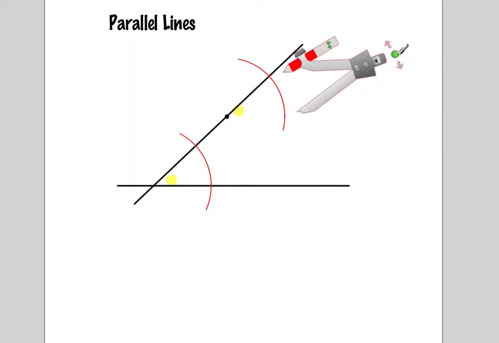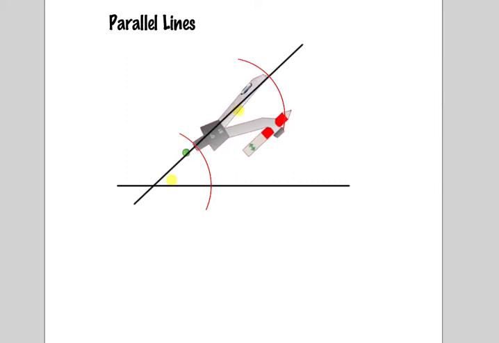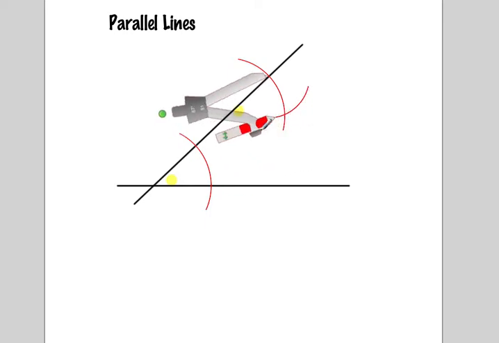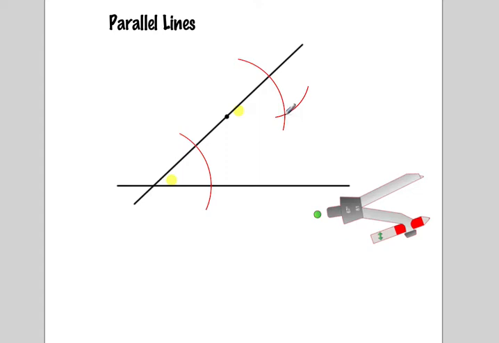So I'm going to kind of spin this around, and I'm going to line up the tip of the compass where the intersection is between the arc that we made previously and the side of the angle there. And then I'm going to cross through, and you can see where these are crossing. This point right here, you will connect with the point that was already there.